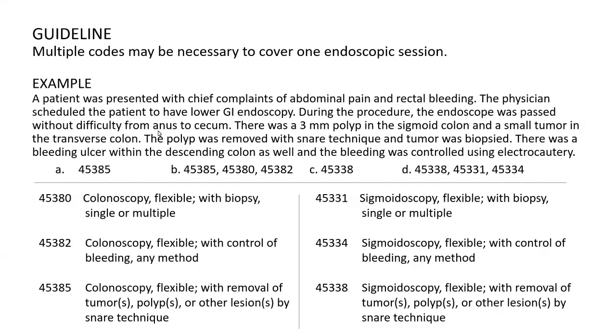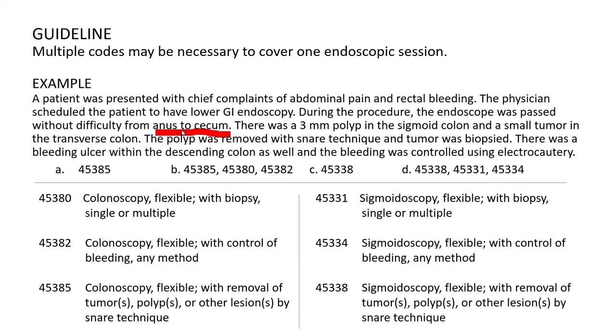If we carefully look into the question, the endoscope was passed from anus to cecum. As per the previous guideline, any endoscope is reported on the basis of how far it passes, not on the basis of where the procedure or procedures are performed. So definitely this endoscope is a colonoscopy.